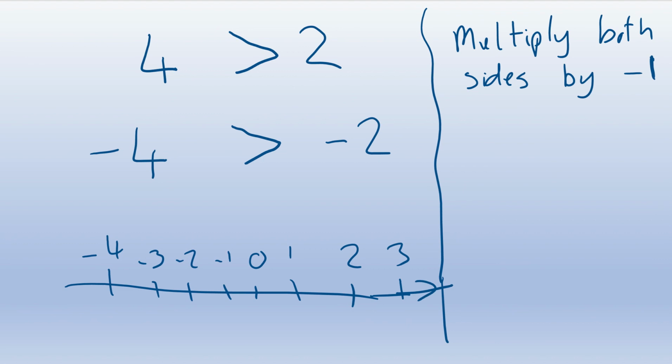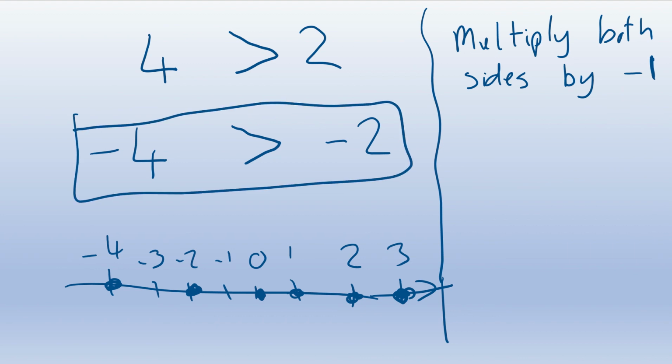The bigger the number is, the more to the right of the number line it is. So we can see that 3 is bigger than 2, 2 is bigger than 1, 1 is bigger than 0, and so on. As we can see, -2 is bigger than -4. So this scenario up here is false.